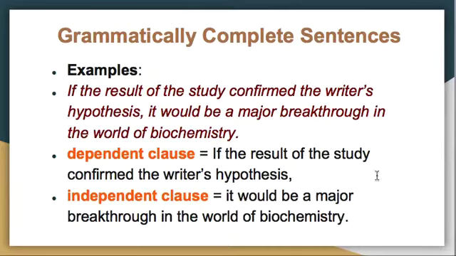By reading only the dependent clause, you can see that it gives an incomplete thought. But the independent clause can stand on its own. It gives some idea, like it would be a major breakthrough in the world of biochemistry.